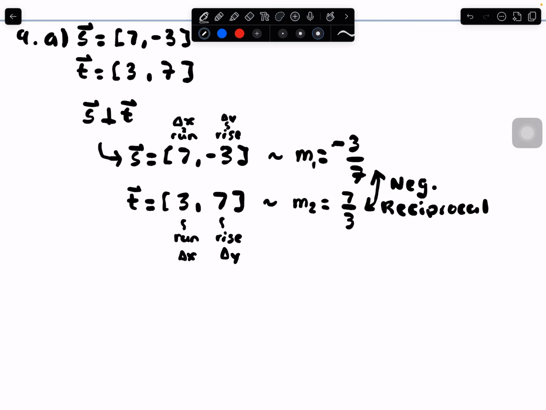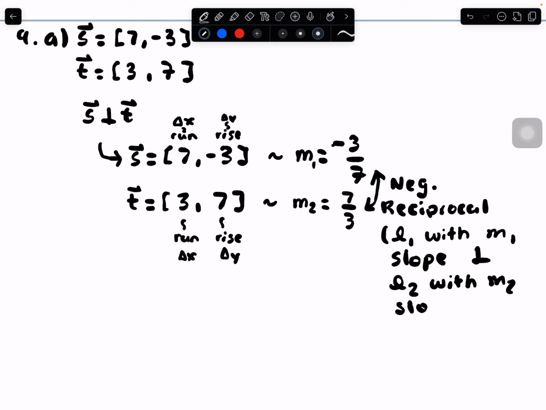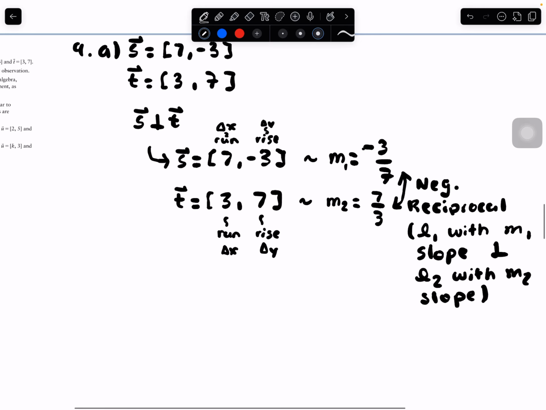So if they're negative reciprocals, a line 1 with m1 slope is perpendicular to some line 2 with m2 slope. So that's the connection that you should make here with the vectors s and t.